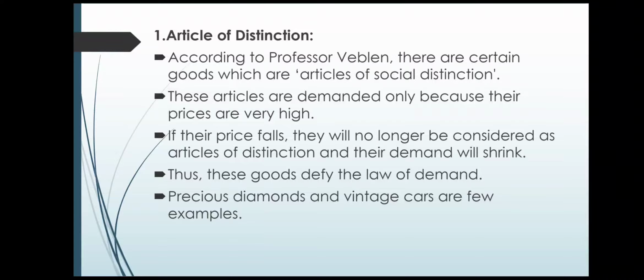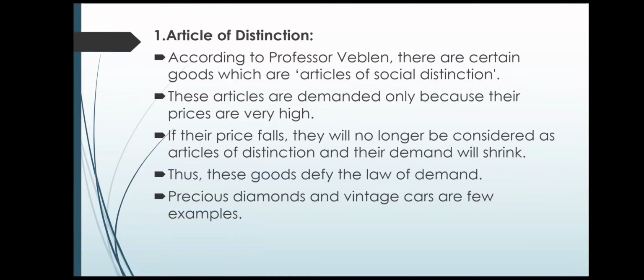If their price falls, they will no longer be considered as articles of distinction and their demand will shrink. Thus, these goods defy the law of demand. Precious diamonds and vintage car are few examples.